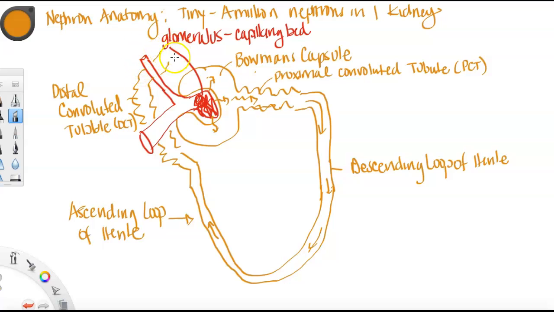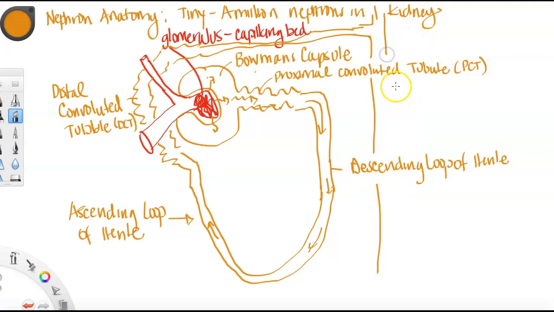Okay, that tubule comes around and will enter another tubule that will go back down into the medulla, and this is the one that goes down to the renal papilla. This is the collecting duct.